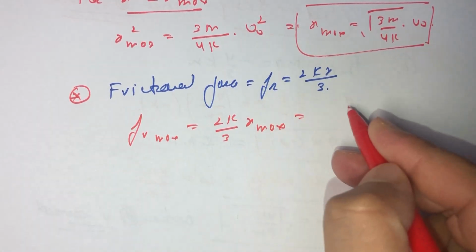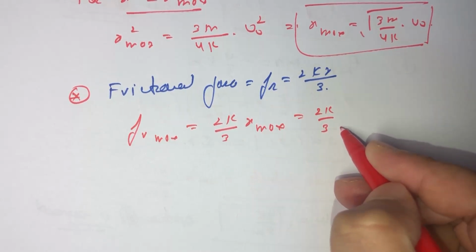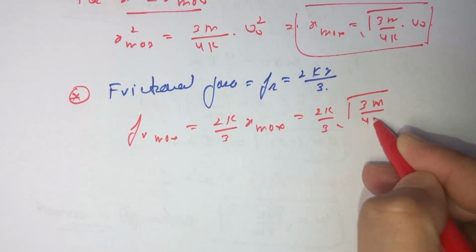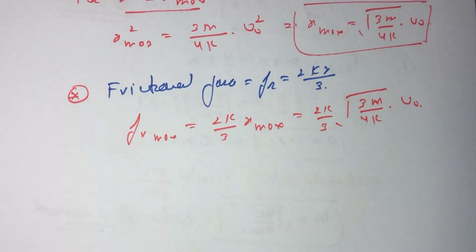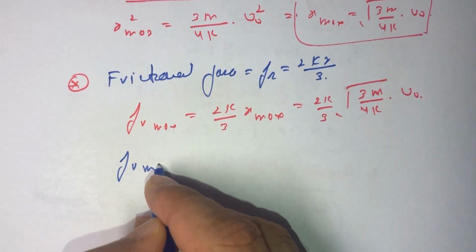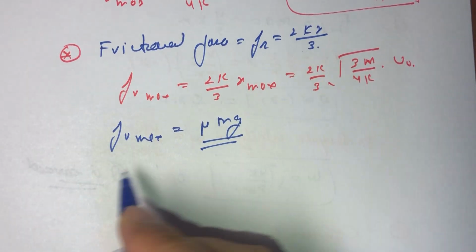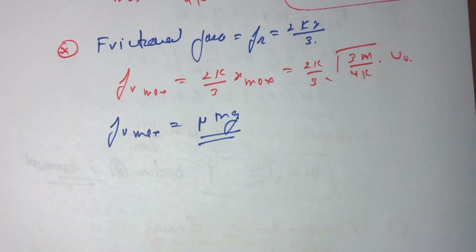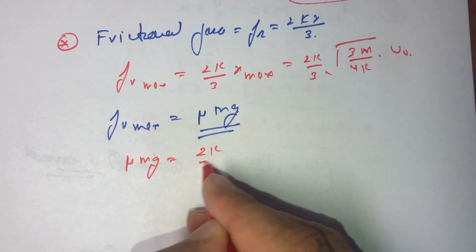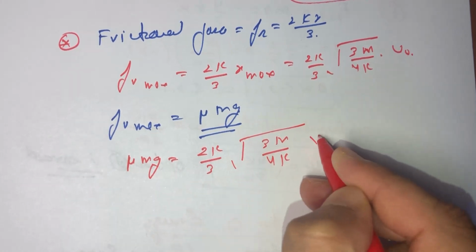Substituting the value of x max, we get 2k by 3 times square root of 3m upon 4k multiplied by V naught. And the maximum value of the friction, Fr max, will be equal to mu mg. So equating them, we get mu mg is equal to 2k by 3 square root of 3m divided by 4k and V naught.